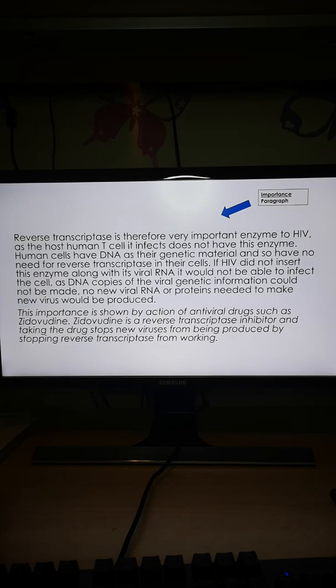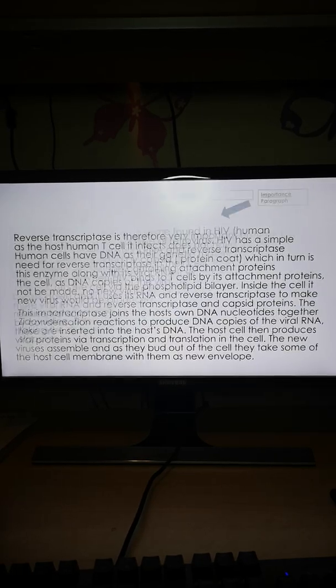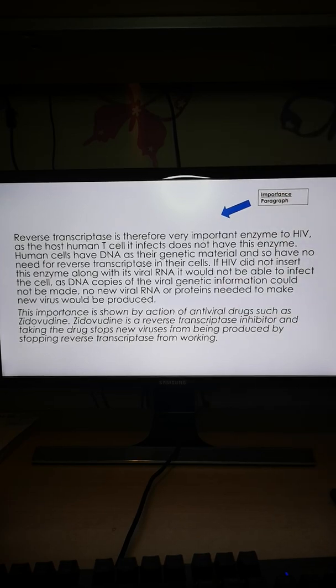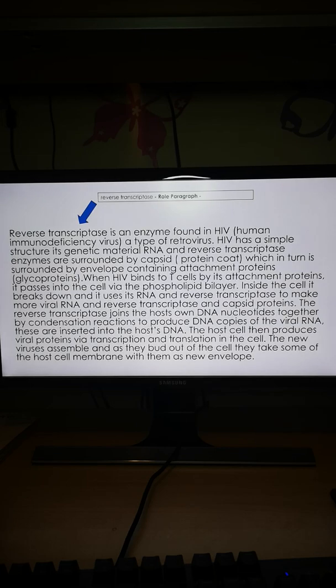Now, that's all I want you to do. A role paragraph and an importance paragraph. Pick one protein you've met in the course so far where you can quite nicely talk about its role. Maybe it could be the co-transport protein for co-transport of glucose, or it could be the endopeptidases involved in protein digestion.